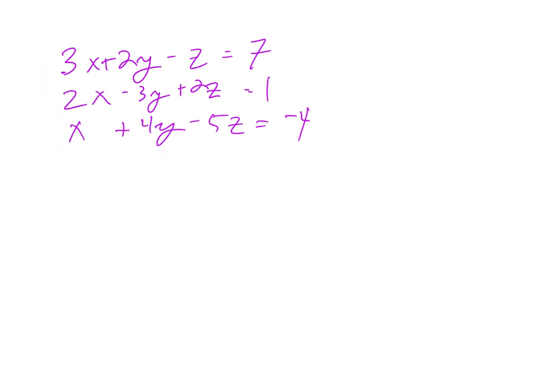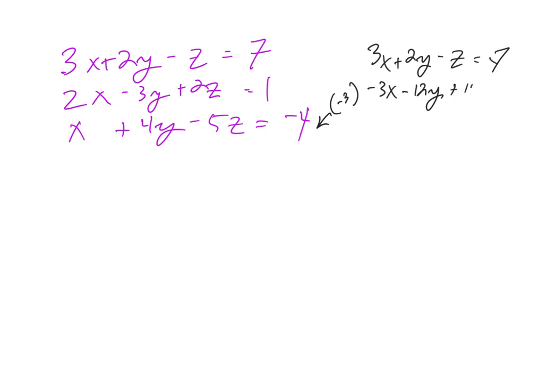So if I take that first equation at the very top up there, the 3x plus 2y minus z equals 7, and if I take the third equation and multiply it by negative 3, that will give me negative 3x minus 12y plus 15z equals 12.